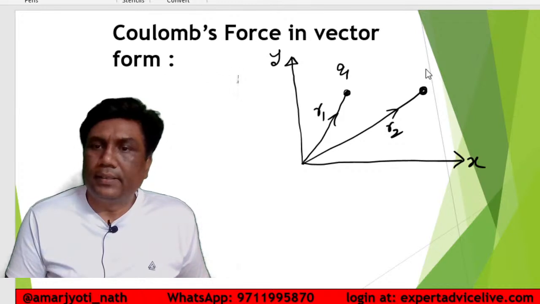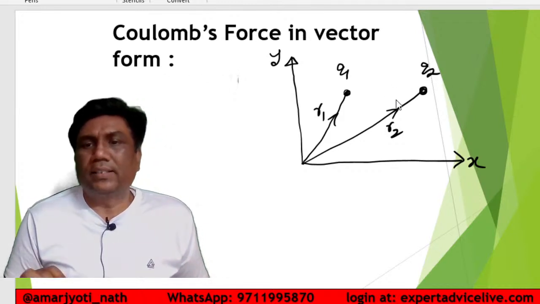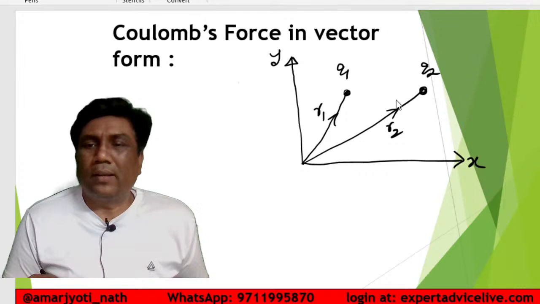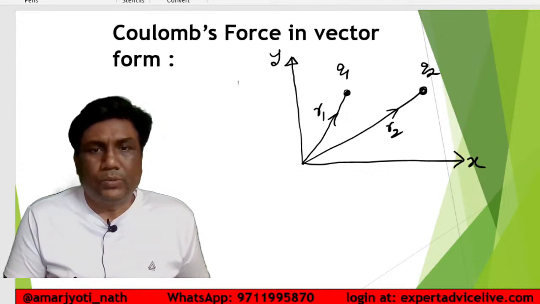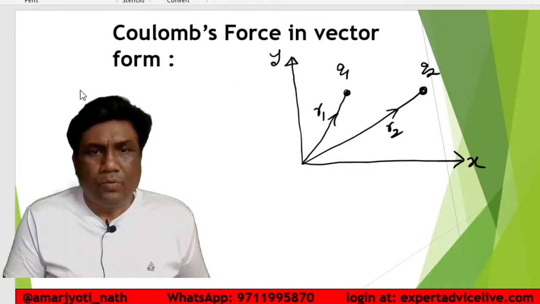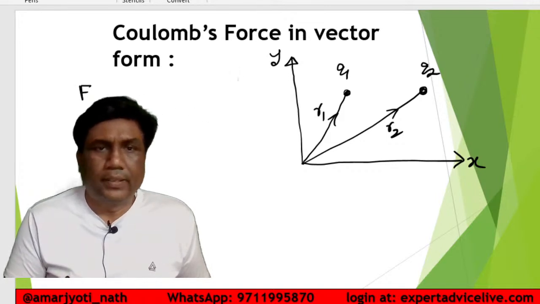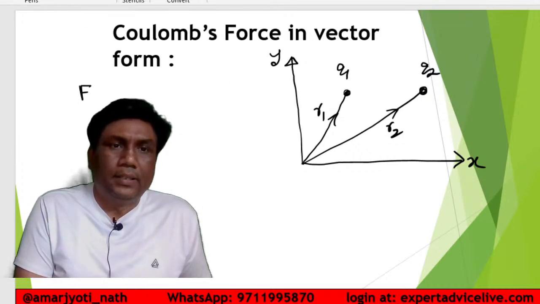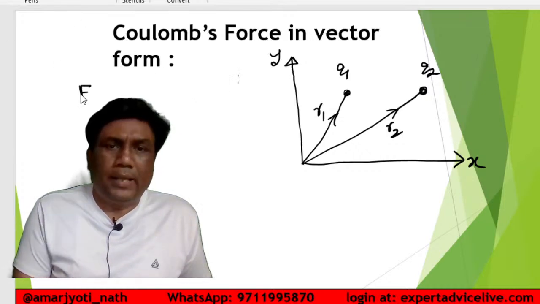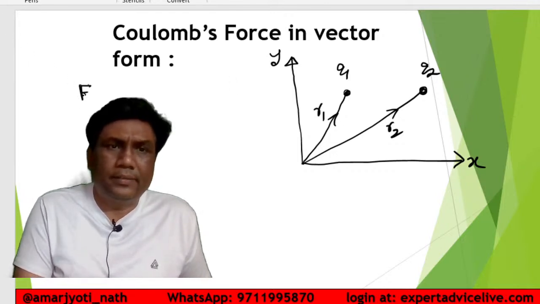We are going to discuss the force of 1 on 2 or 2 on 1. First of all, let me write the force on 2 by 1. If we assume they are like charges, they will repel each other.